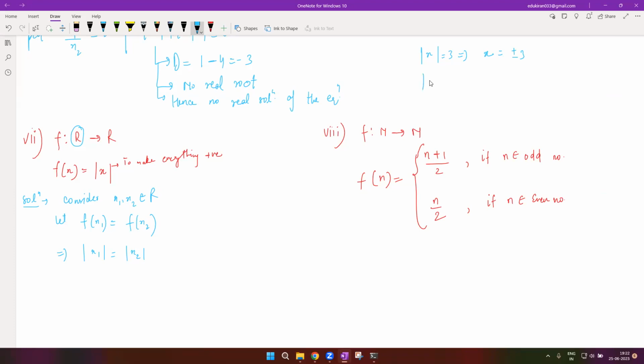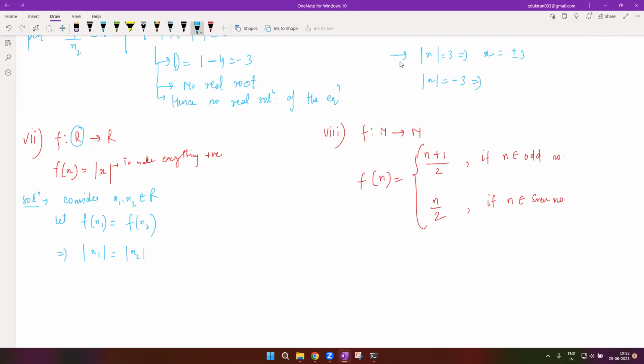Why? Because this can fail. Now in the first case we are asking what is the value of x such that if I take the mod of x, the value is 3. This was the statement of the first question, that what is the value of x on taking mod we get 3.